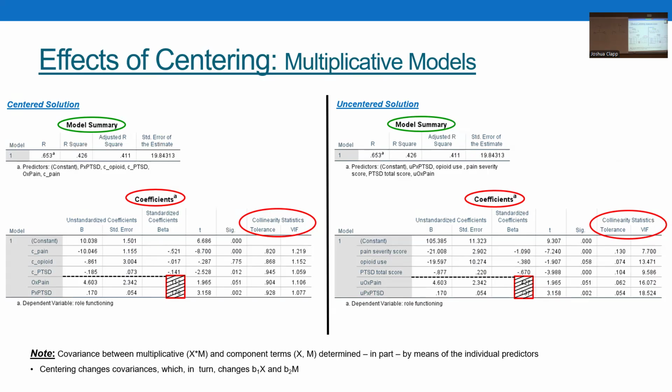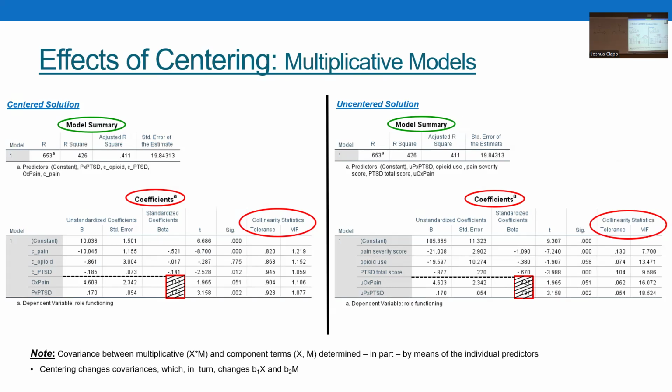Here with your uncentered models, these are, yikes, right? Because you're looking at values that should be above 0.1 or something like that. You've got wild collinearity here. These VIFs are through the roof, right?